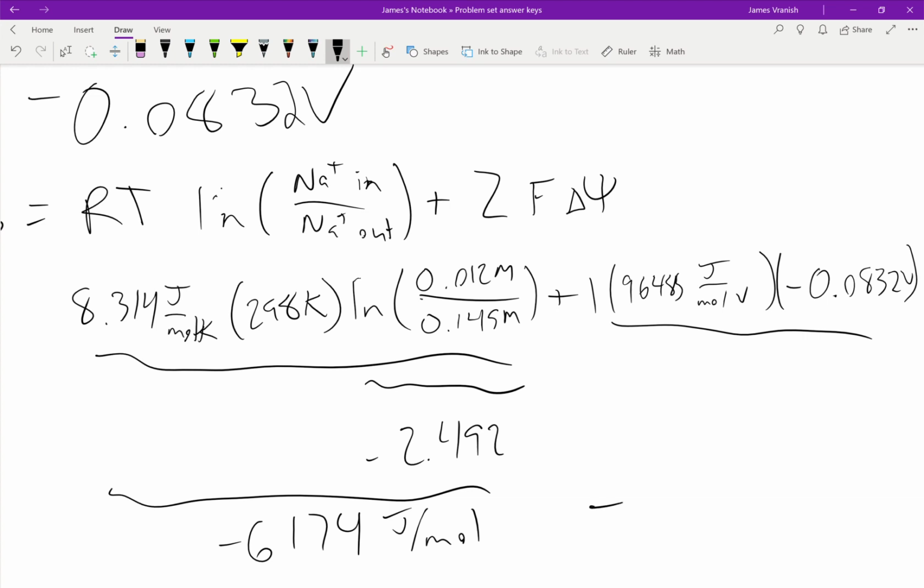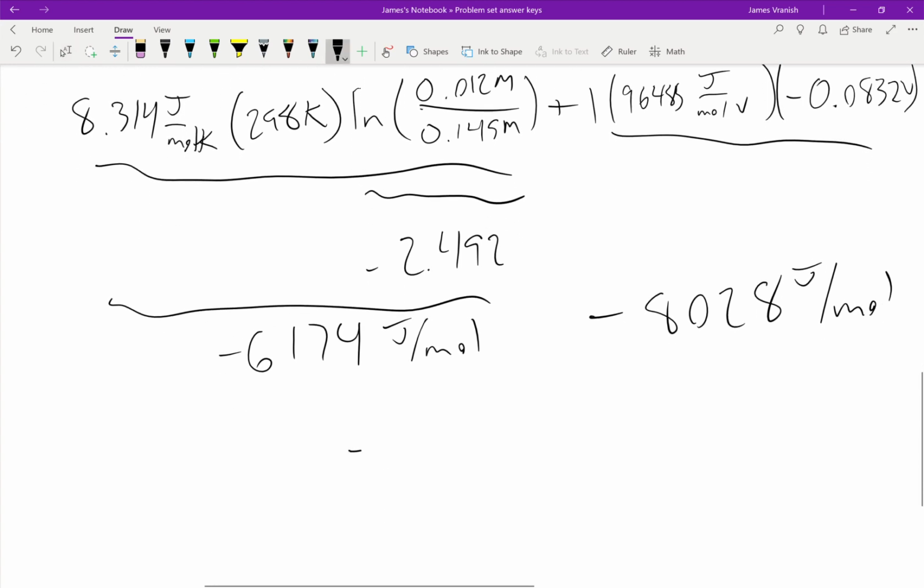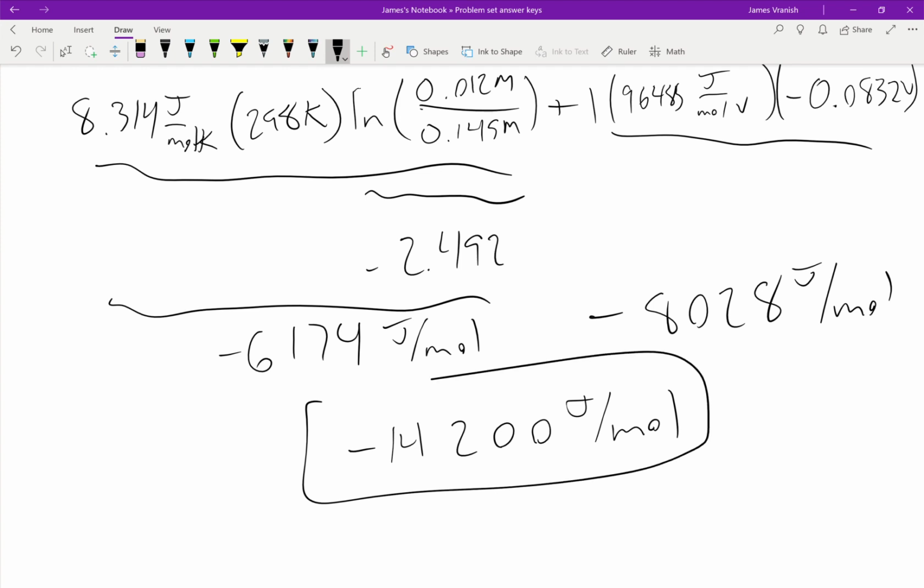And we put the negative sign on there, and so this is going to be negative 8,028 joules per mole. All right, and so basically if we add these two together, we're going to end up now with our answer of negative 14,200 joules per mole. And that is our final answer for question number 2.